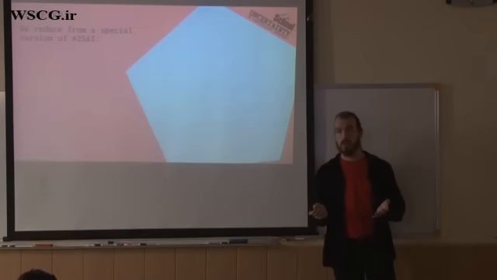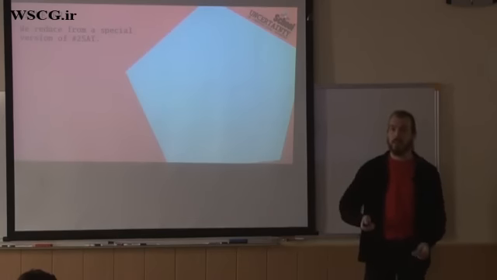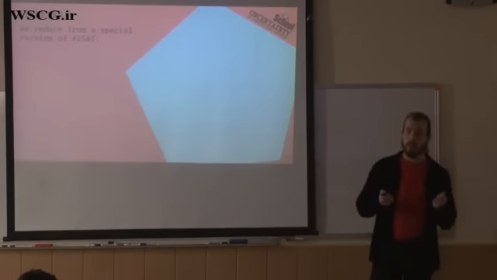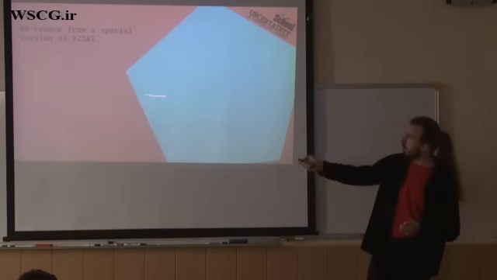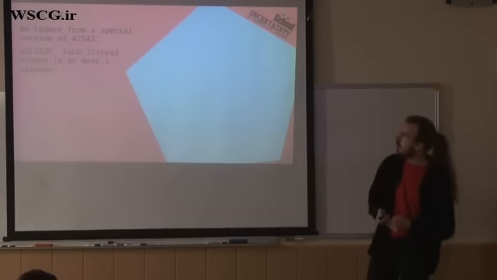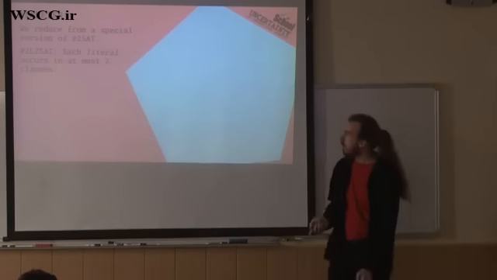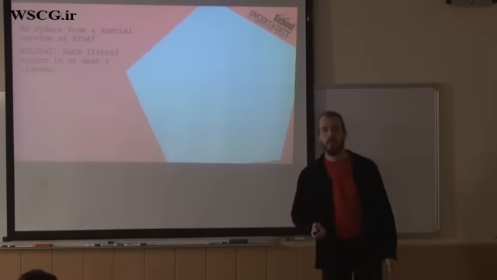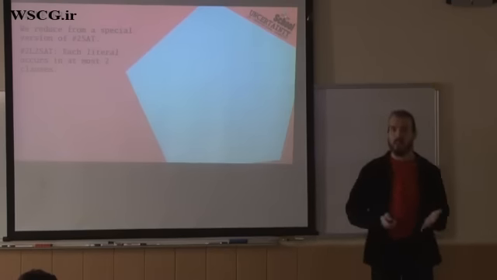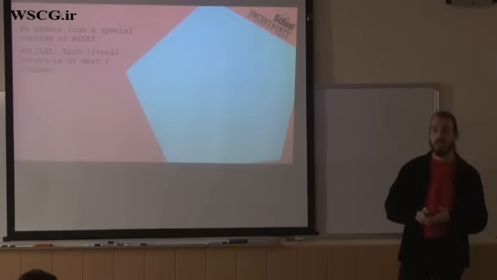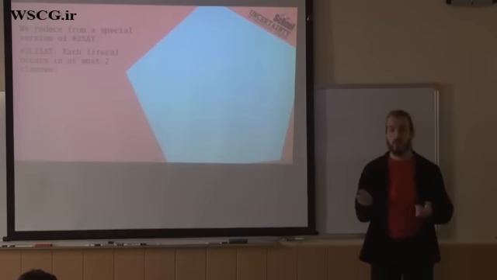So a 2 set formula is a set formula where every clause has exactly 2 literals. But I'm going to reduce from a special version, which we call sharp 2L2 set. So it's 2 sets, but now every literal appears in at most 2 clauses.